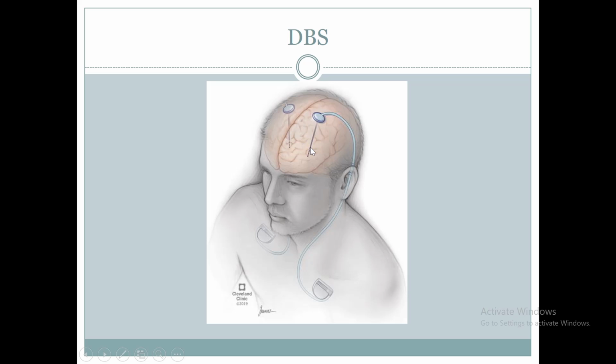We know that Parkinson disease is a progressive neurodegenerative disorder, so up to this time there is not a single treatment strategy that can cure or reverse this neurodegenerative process, but there are many treatments that are very effective symptomatically.